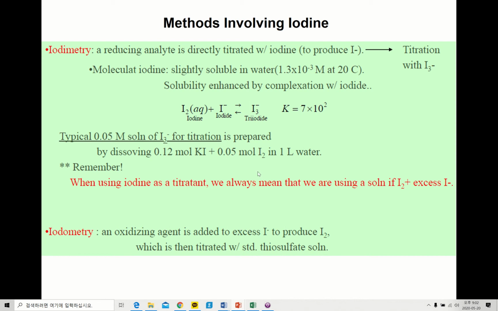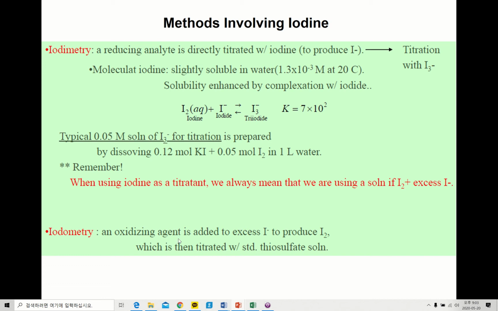Contrary to this, iodometry is where you produce iodine by oxidizing iodide by adding an oxidizing agent.